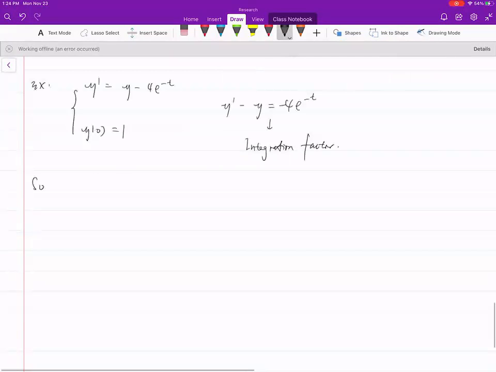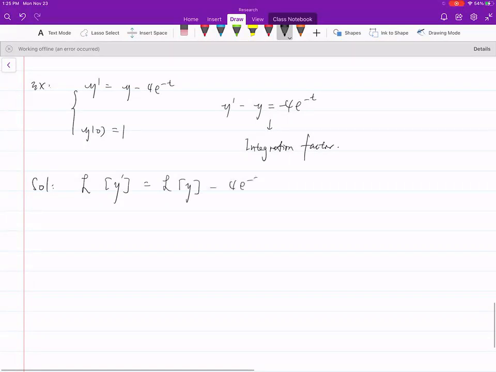But now with Laplace transform, we can do it in a different way. Laplace transform.